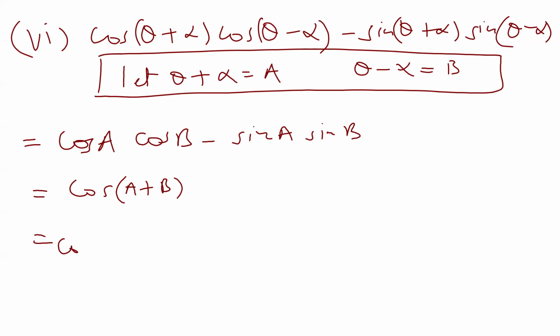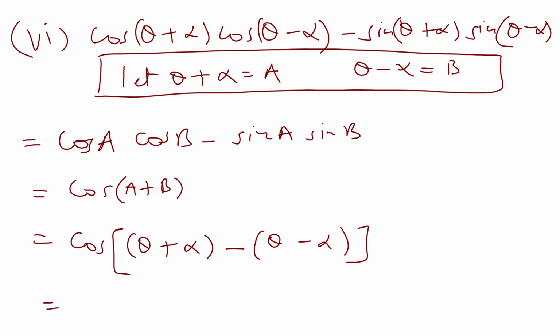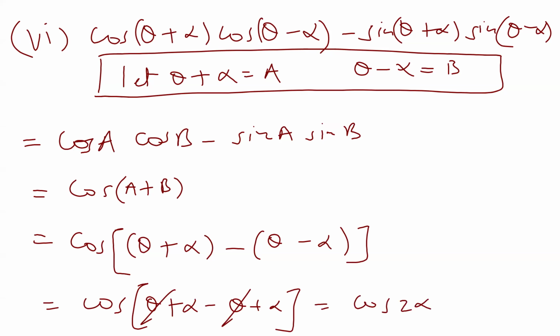What is A? Theta plus alpha. And what is B? Theta minus alpha. So if you open the bracket, it will be theta plus alpha plus theta minus alpha. So this will be cos 2 alpha. Go very systematically so that no errors occur anywhere.